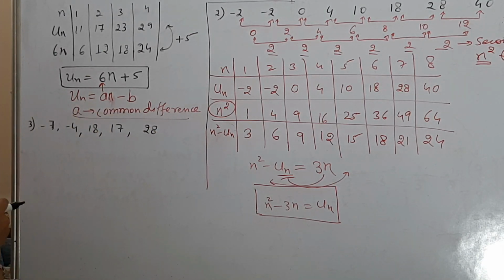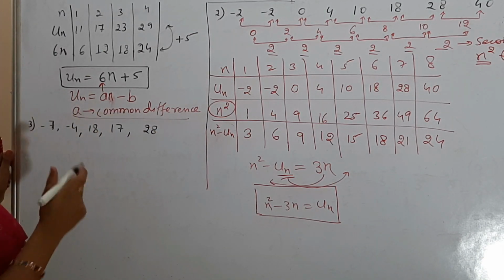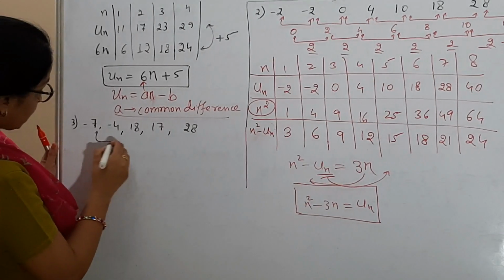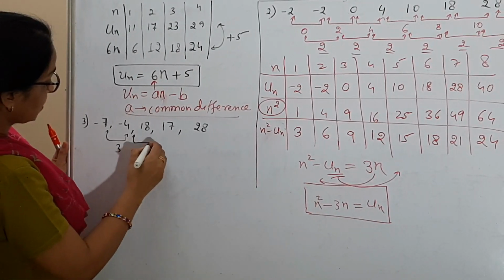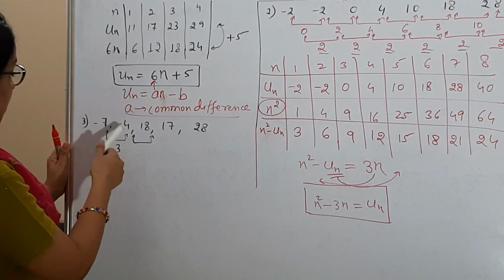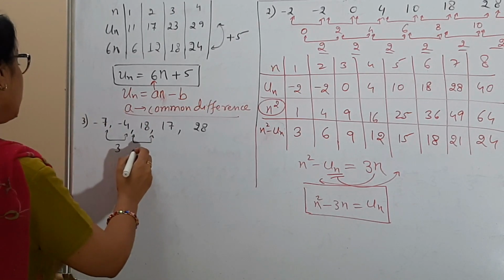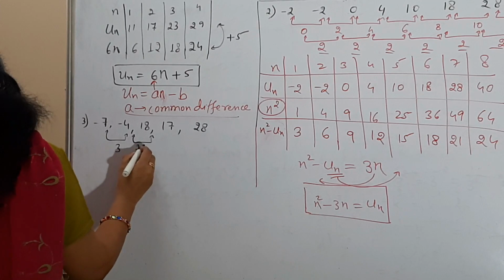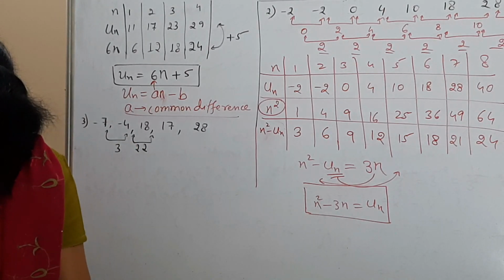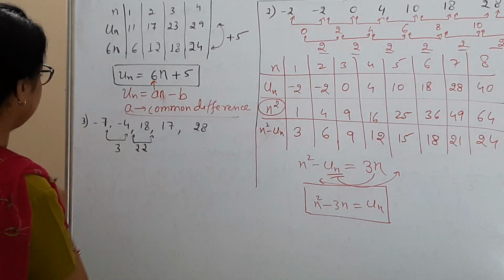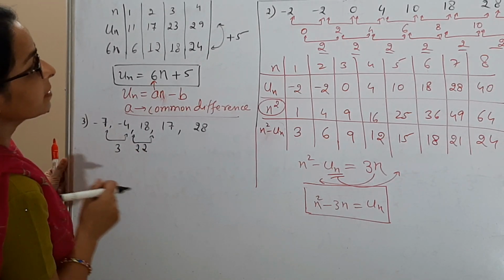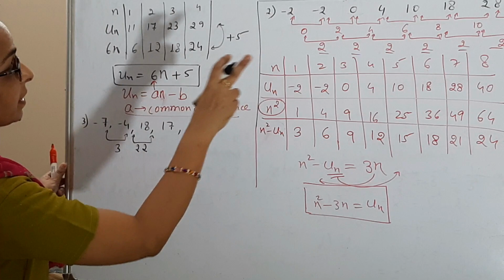So first we have to identify the type of the sequence. So let's find out the difference. -4 minus -7, that is 3. 18 minus -4 is 22. I'm sorry, it's 1, 8.